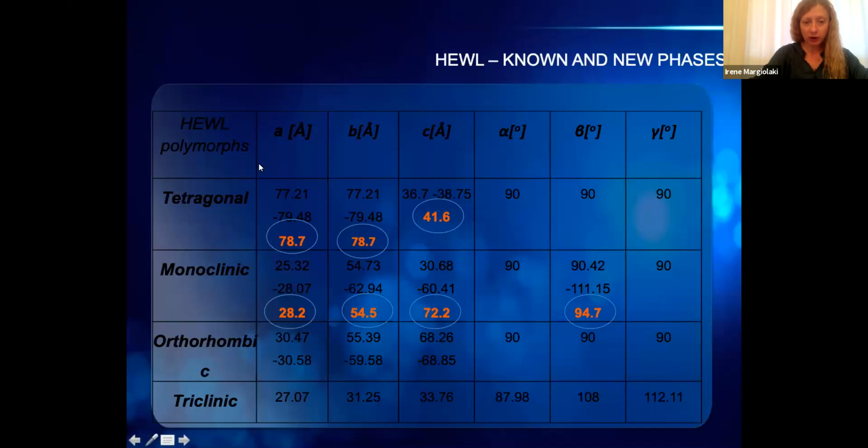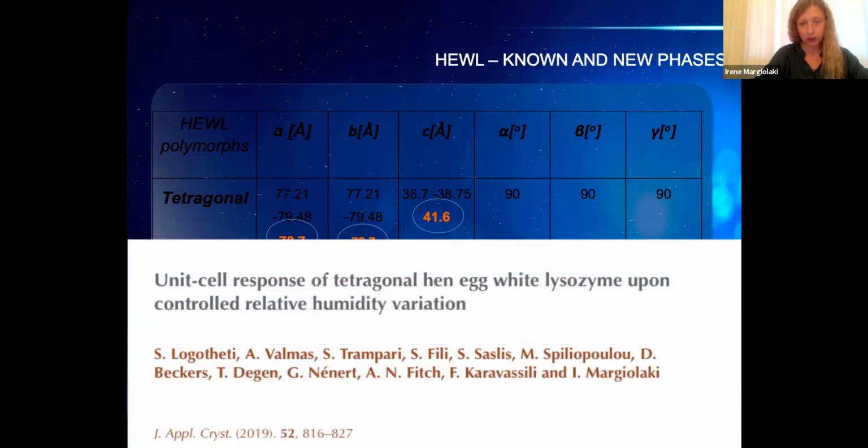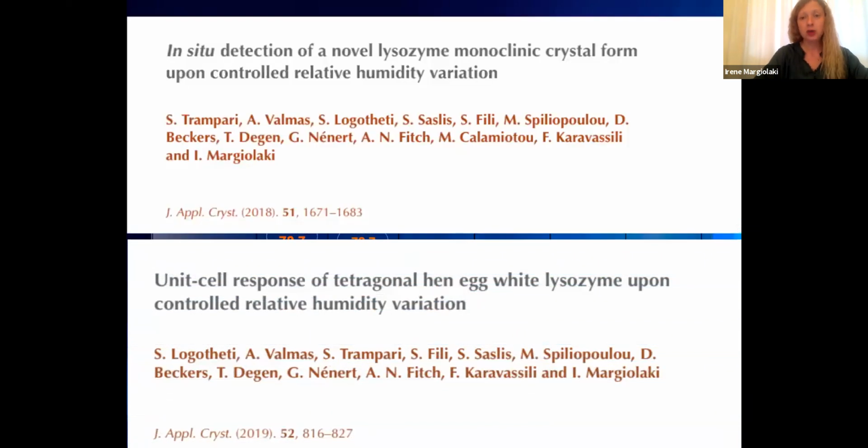In comparison to the known forms, which are shown in black from the PDB, these have not been observed before and could be observed upon this controlled relative humidity variation. Since then, we've done several more experiments, and most of the proteins show dramatic transitions upon controlling these parameters. So I consider it a very, very hot parameter for protein crystallography.